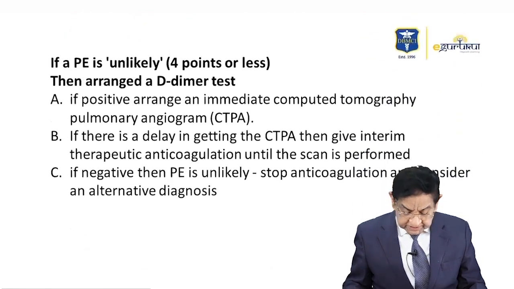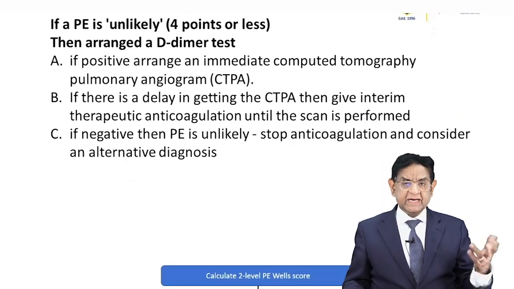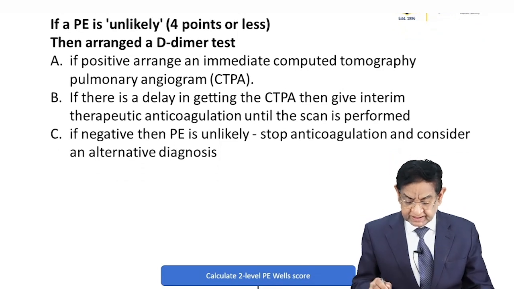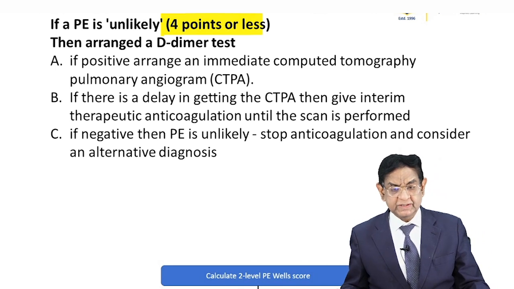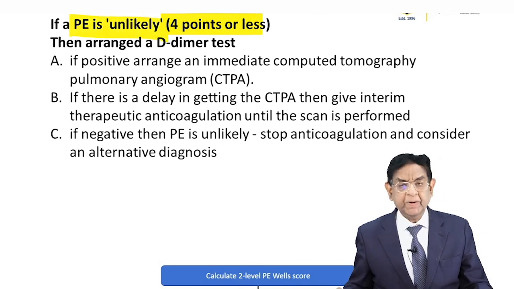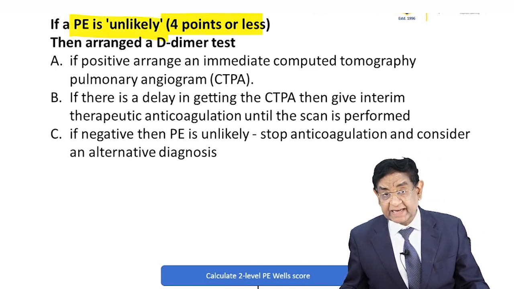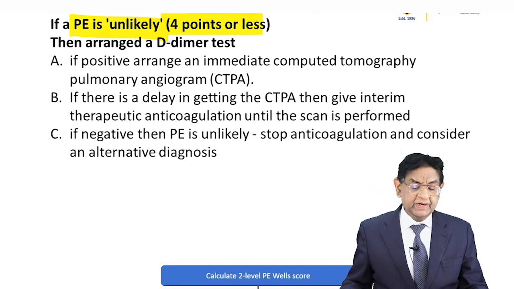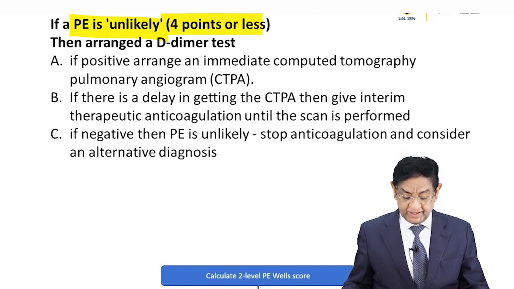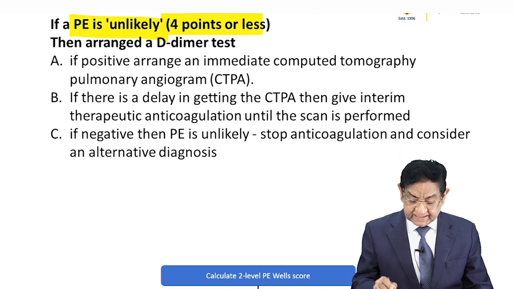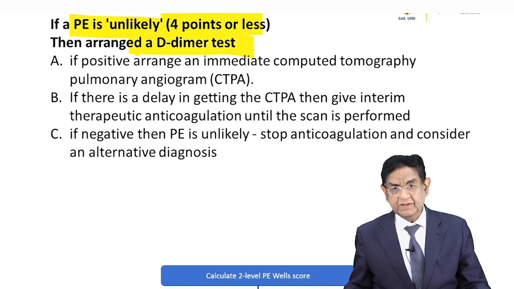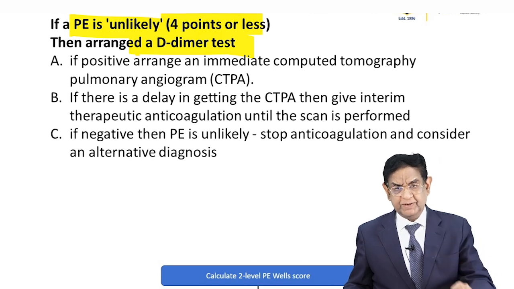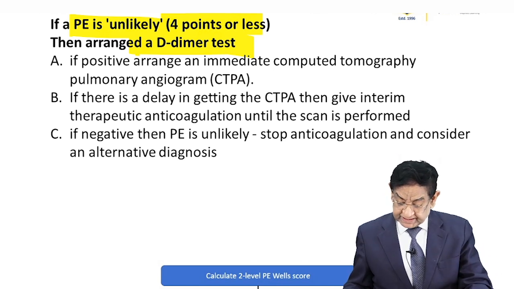Now third scenario, we are getting a patient where the Wells score is less than 4. That means pulmonary embolism is unlikely. Should we leave them as they are? No way. NICE guidelines say, go for the D-dimer test. Very, very important point.